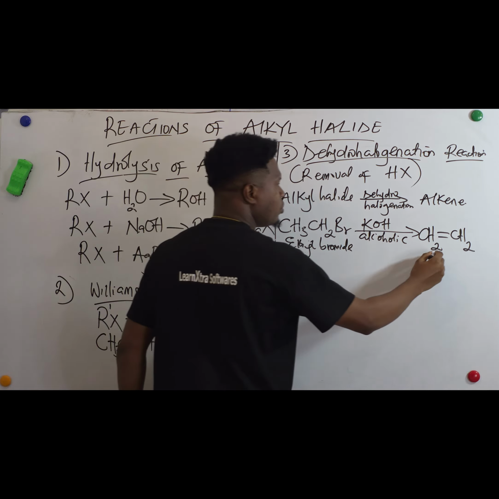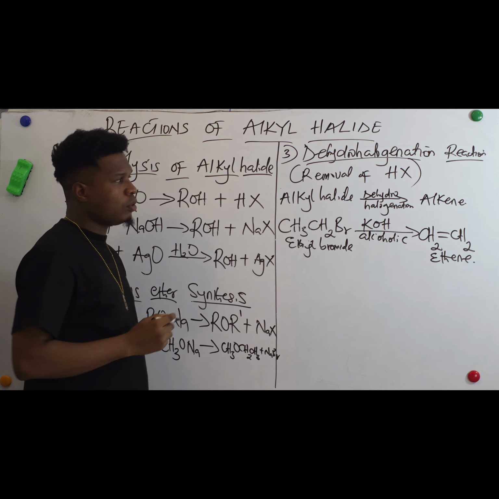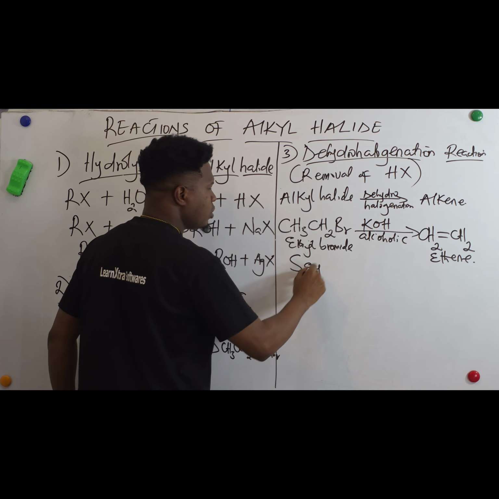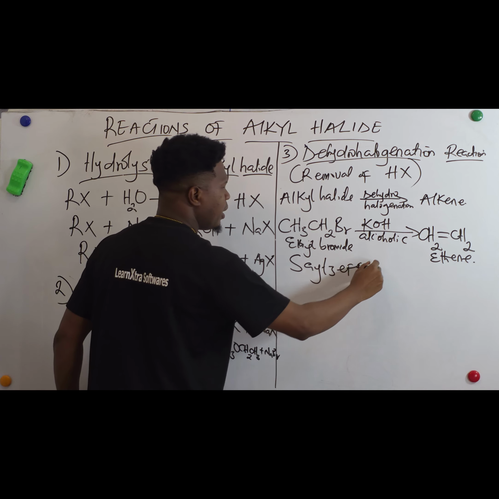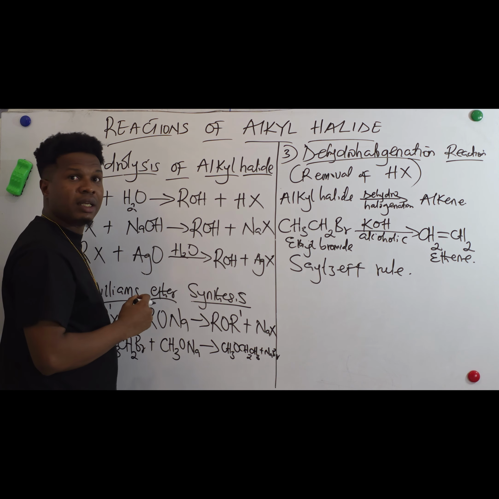will produce ethene. So remember what I told you about the Saytzeff rule. This rule is called the Saytzeff rule. So the Saytzeff rule comes into play if the alkyl halide is a secondary alkyl halide.